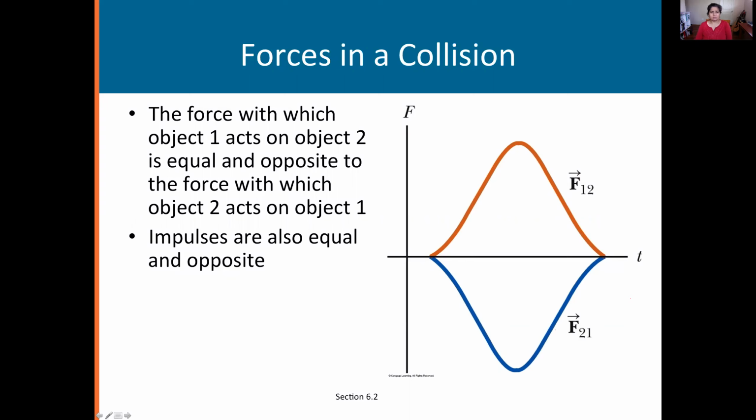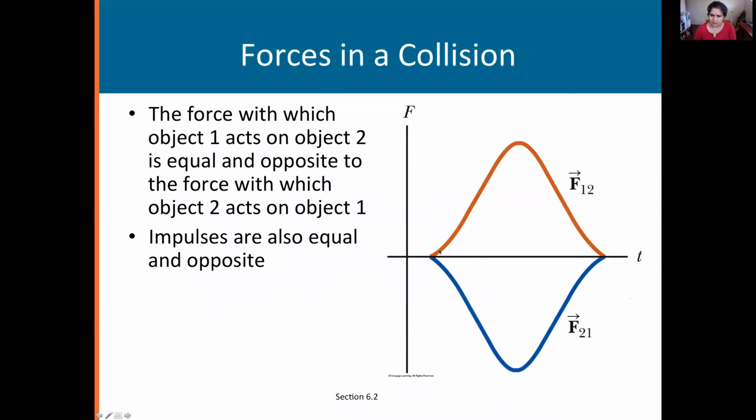During the collision, object 1 is interacting with object 2 via a force, and object 2 is interacting with object 1 via an equal and opposite force. Remember, we know from Newton's laws that if one object pushes on the other, then instantaneously the second object is pushing back on the first one with an equal magnitude and opposite in direction.